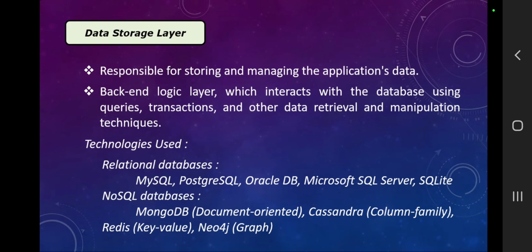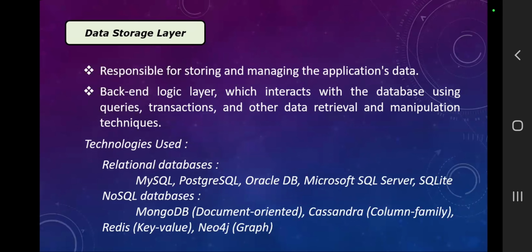We have two different kinds of databases basically. One is relational database, and the next one is NoSQL databases. Simply, based on how I am storing the data, they are categorized into these databases.